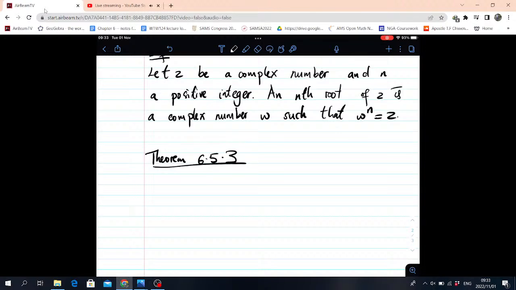And then we had a theorem which comes in handy when we are looking at this, and that's theorem 6.5.3 in the textbook, which tells us about equality of two complex numbers. So let me write shorthand.